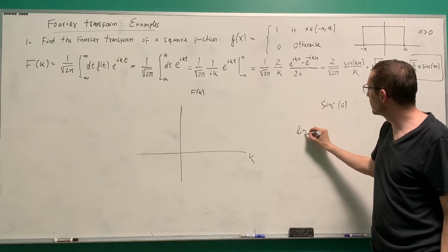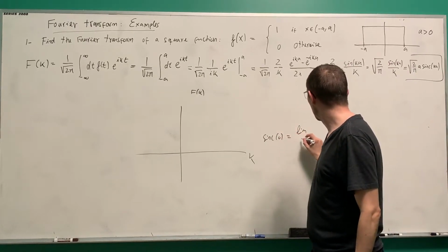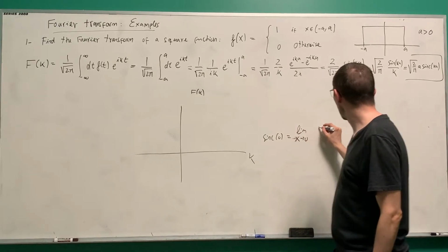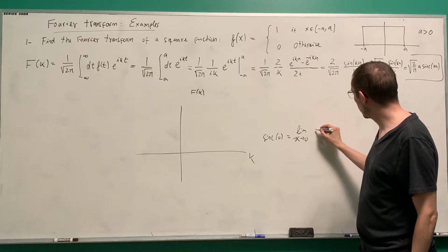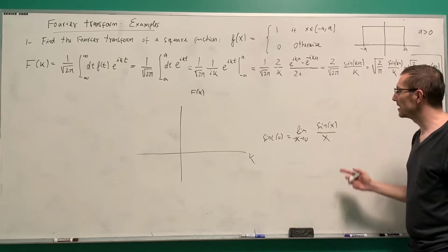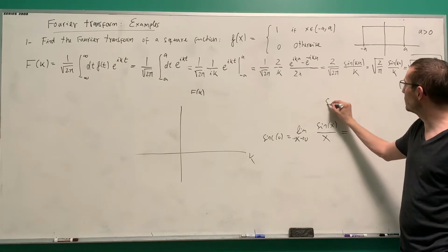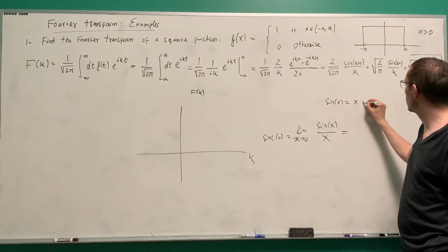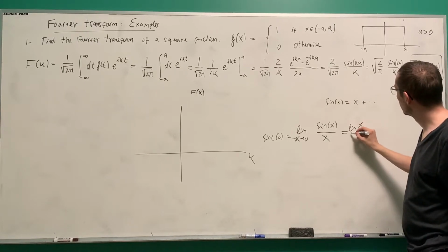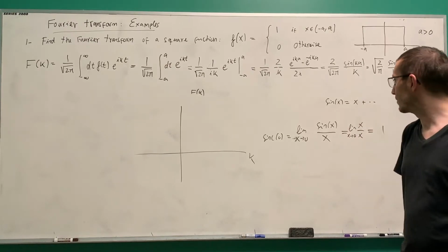Well, it's the limit when x goes to 0 of sine of x divided by x, and then you see that this is 0 over 0, so we need to do a limit to compute it. Doing a Taylor expansion is very easy because the sine of x is x plus things of higher order, so it's the limit when x goes to 0 of x over x, which is just 1. So the sinc at 0 is 1.